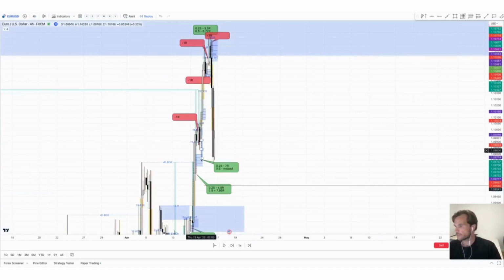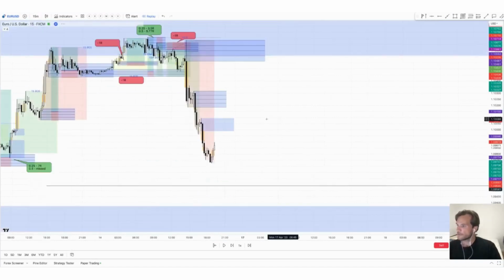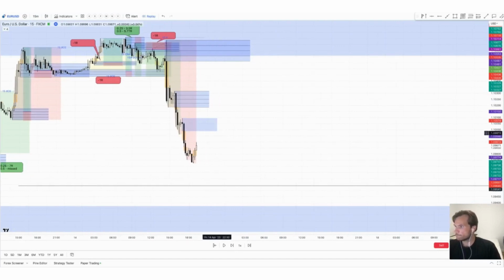Okay, we had this. We swept this liquidity low. Liquidity swept. We've got this miniature 15-minute CHoCH in a 4-hour bullish leg. Premium discount still below.